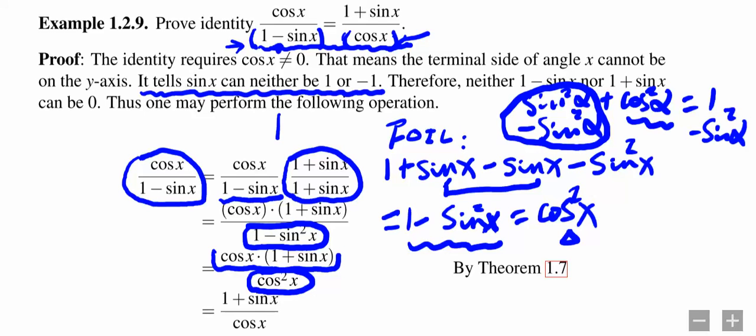Cosine x squared downstairs with cosine x times cosine x upstairs, they may cancel one, so downstairs you have a cosine x. Upstairs there will be no more cosine x, and you just copy 1 plus sine x right here. So this expression will be the expression on the right. That's the proof. Okay, I'll see you next time.